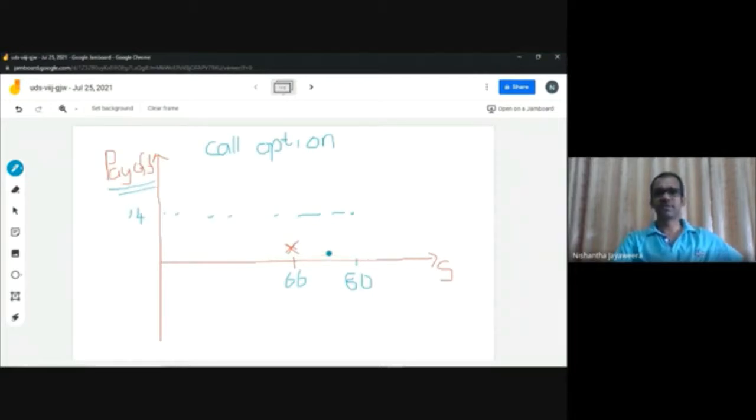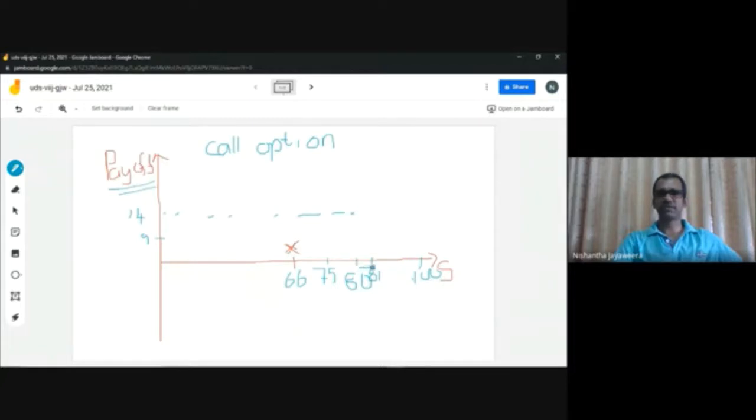What would happen if it is 75? It would be 9. Likewise, it will change. What would happen if it is 100? If it is 81, this will increase by $1.